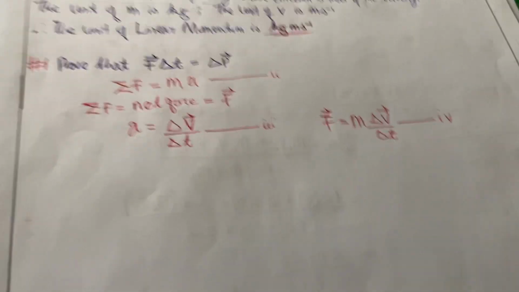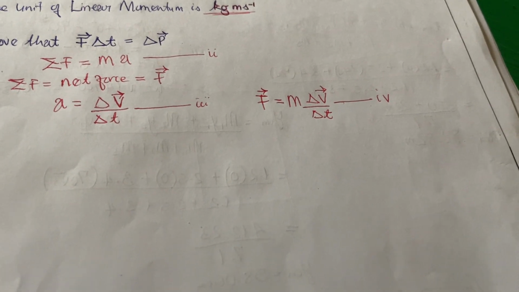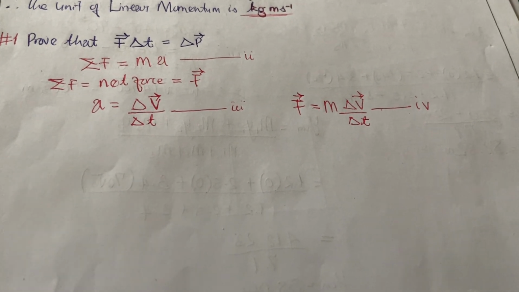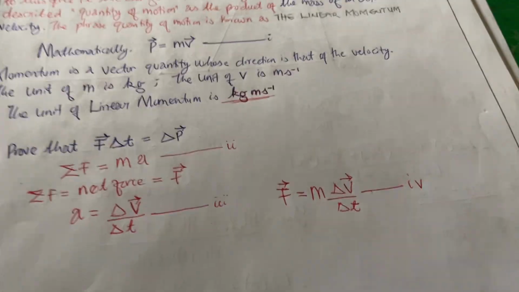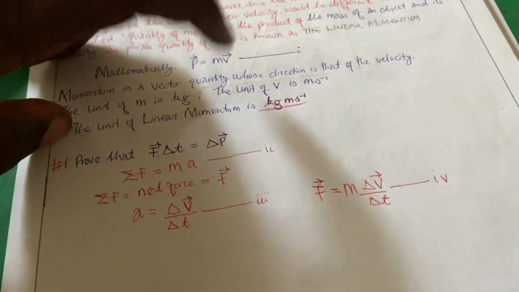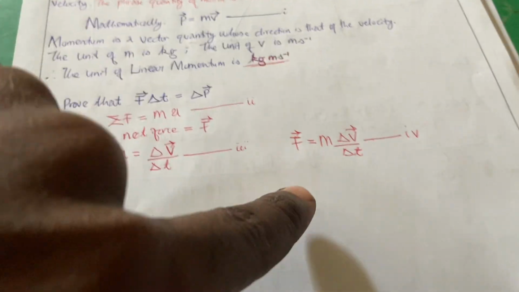I think it's already looking like what we know. If we take a good look at equation 1, we see that momentum is mass times velocity, and we can see this expression in equation 4.